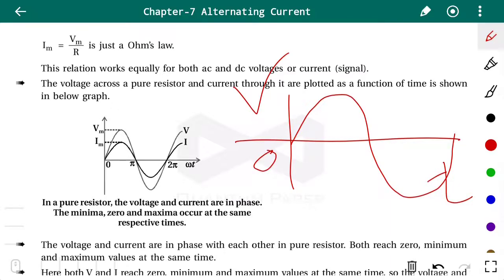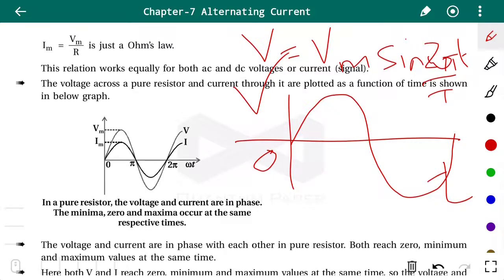At 0 it will be 0 because sine 0 is 0. We need to see this equation, Vm sin omega t, or instead of omega we can write 2 pi by T, where T is the periodic time. When sine is 0, its value will be 0.